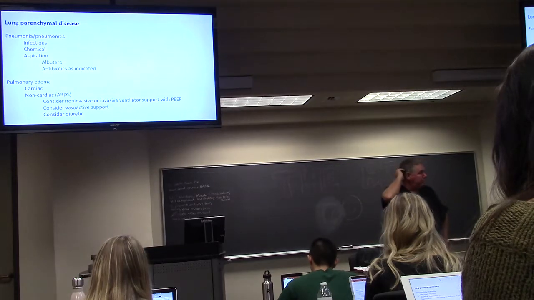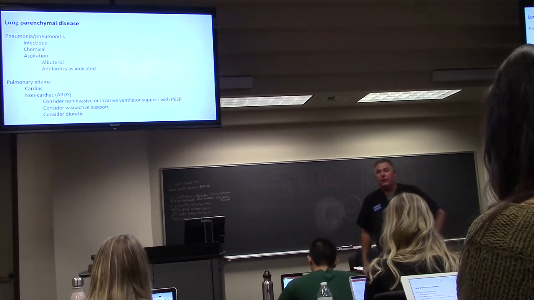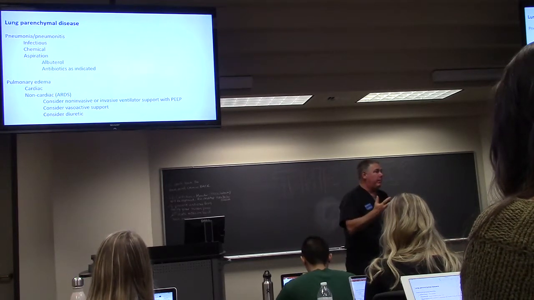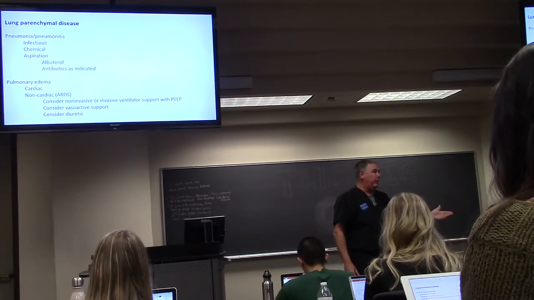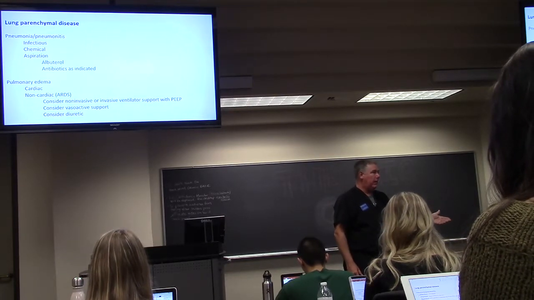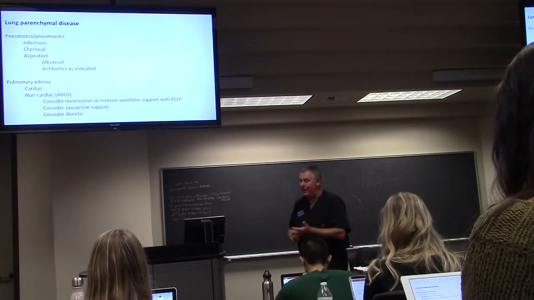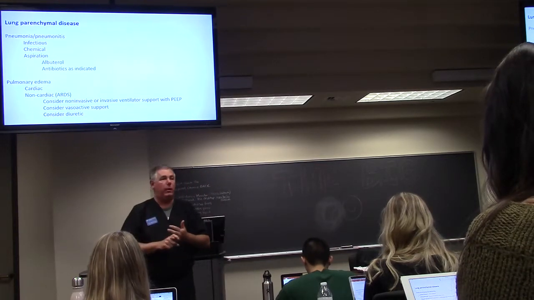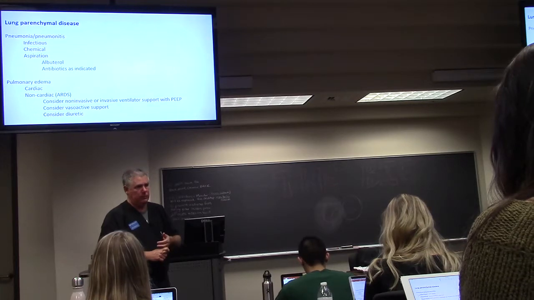Vasoactive support would be putting them on dopamine, dobutamine, something like that, or epinephrine or norepinephrine, to keep their pressures up. If you don't keep pressures up, you're going to wind up with CHF, right? And diuretics. Treating pulmonary edema, diuretics would be one way to do it. Another drug to treat pulmonary edema acutely is morphine sulfate.